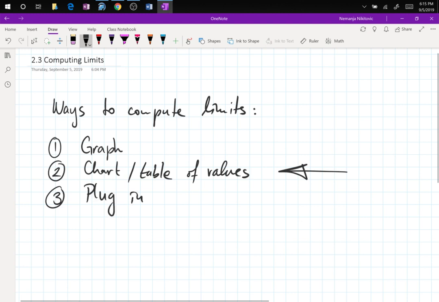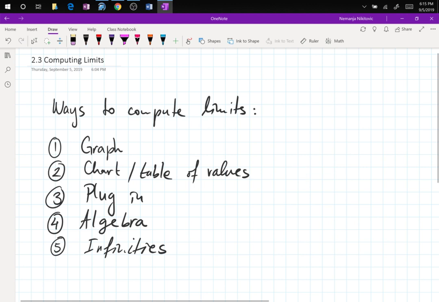And then we are going to move into the next one, which is going to be called algebra. And then we're going to have those infinities, and we'll see which way infinities work.